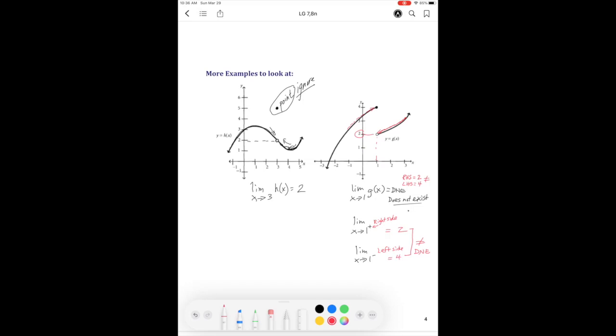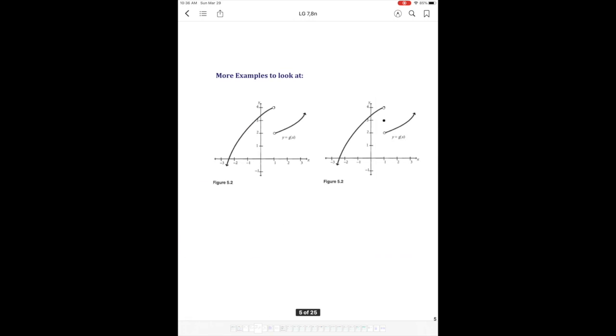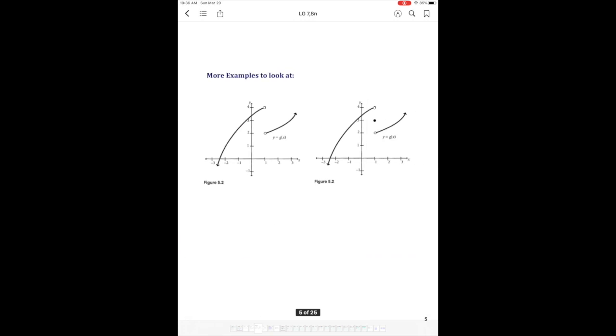All right, so let's look at a couple more examples. If I gave a question here, we have the limit as x is approaching 1 of this function g of x. We know the answer does not exist, because we just saw that on the previous question. See how this and this don't equal?